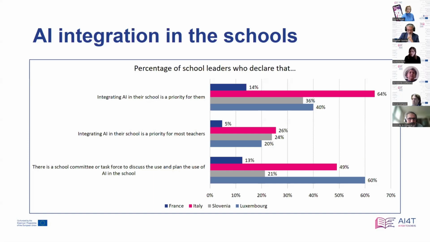Only a quarter of them in Italy, Slovenia and Luxembourg think that it's a priority for most teachers in the schools, and it's 5% in France. And also, there was more often a school committee or a task force to discuss and plan the use of AI in the school in Italy and in Luxembourg than there was in Slovenia and France.